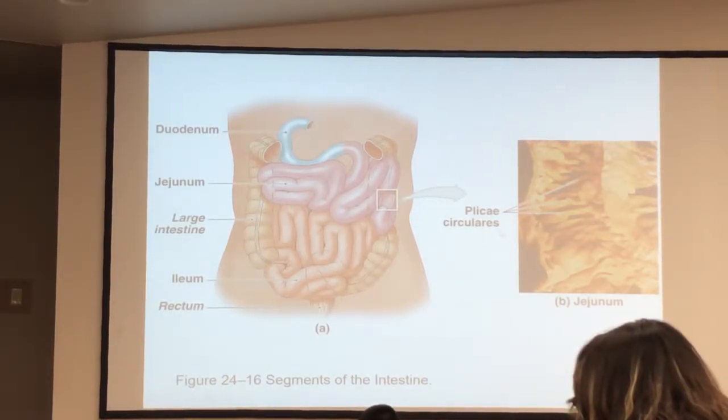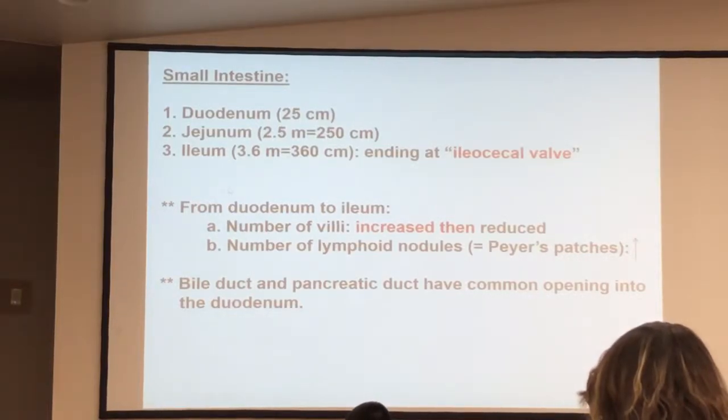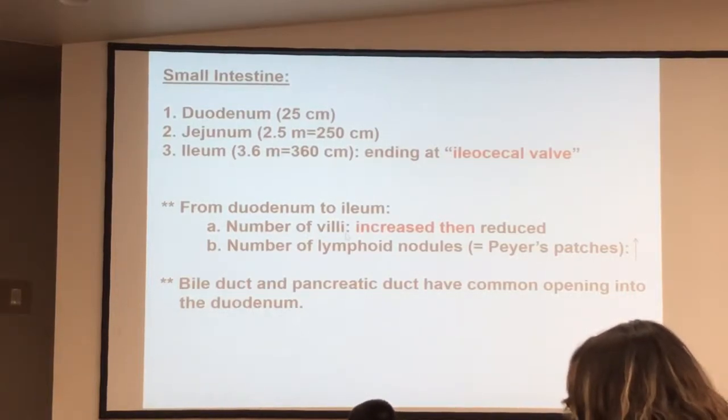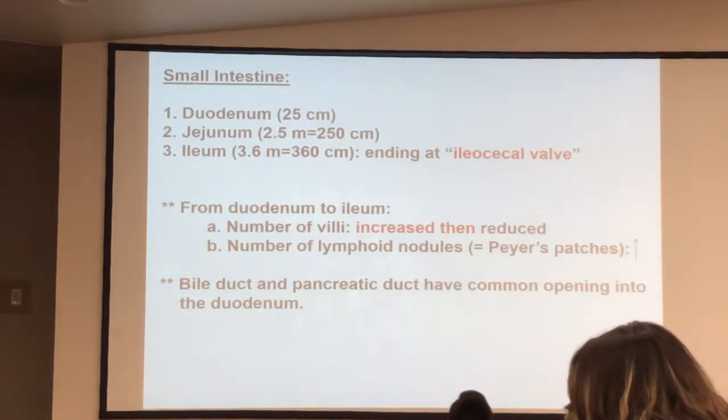Then one thing under the microscope we want to see is the villi. In the stomach we don't have villi, and in the duodenum the number increases. So from duodenum to ileum, the number of villi increases and then reduces. The peak is in the duodenum area. There are a lot of villi.